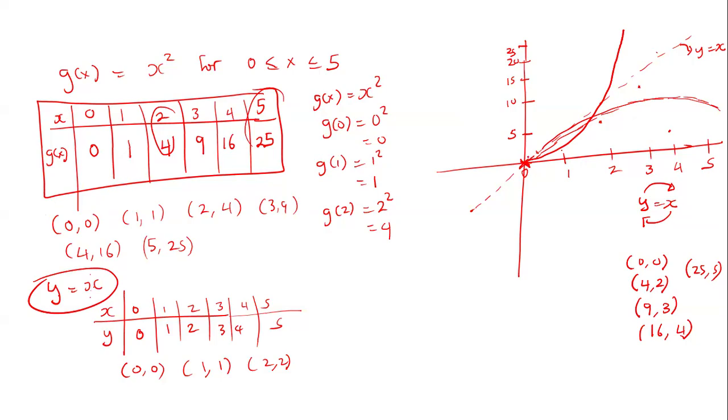Okay. Now, where does this line come from? You remember very well when you are finding the inverse of functions, always you interchange. You say x is equal to y and y is equal to x. So that's where it comes from.